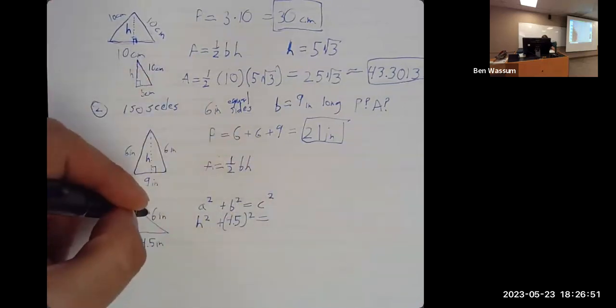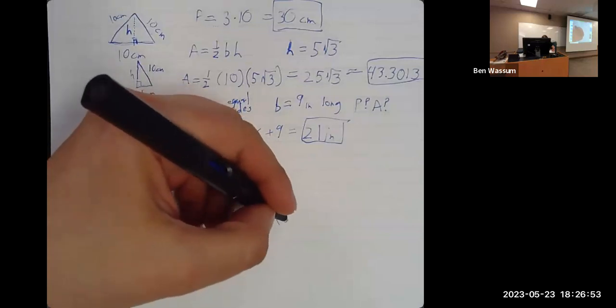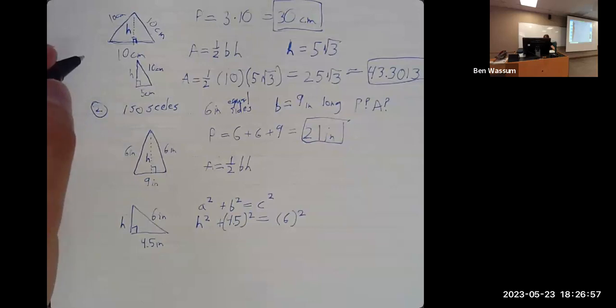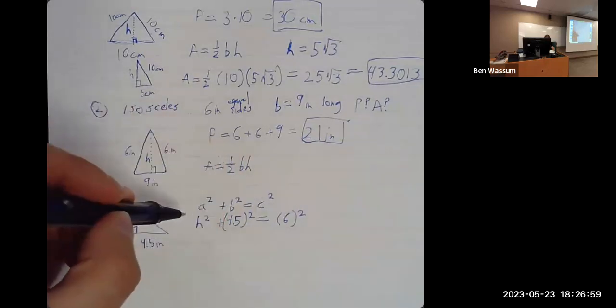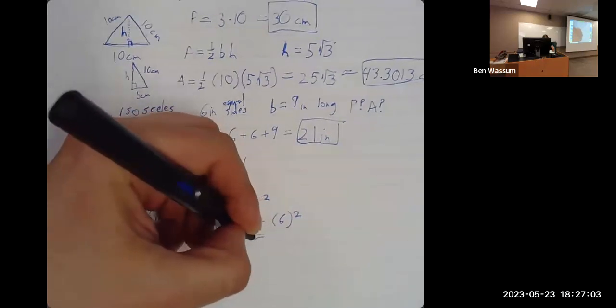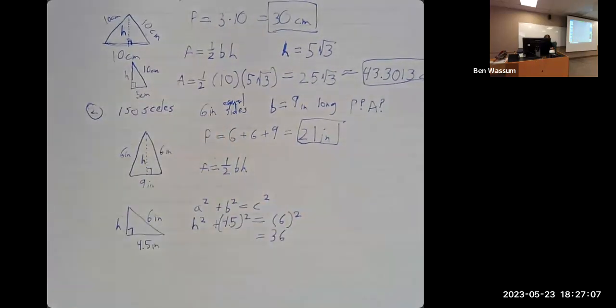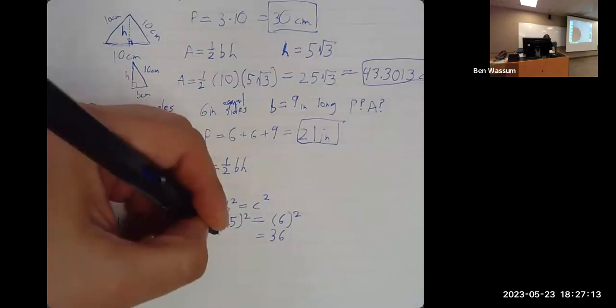And for the C squared, well, we know what C is, 6. Now we need to solve for that H. So I know what that is, but I don't know what that is. We're going to throw it at Mr. Calculator. 4.5 squared is 20.25.